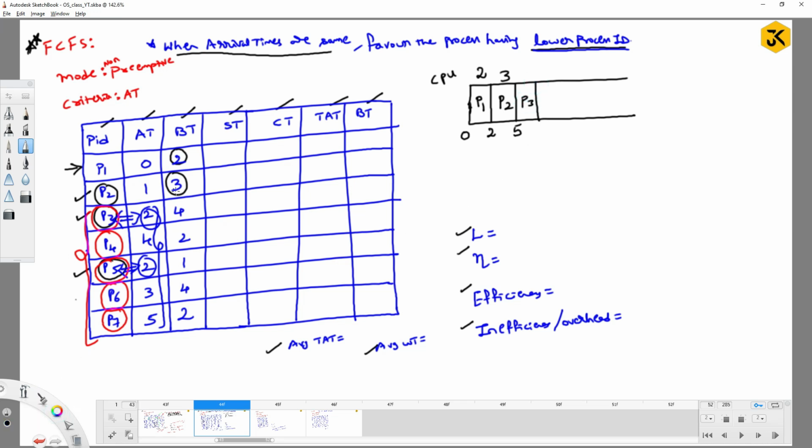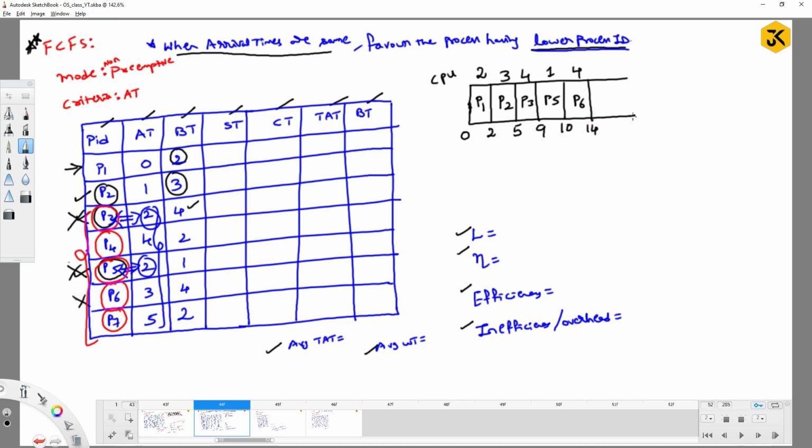What is the burst time of P3? 4 units, so that means it completes at 9. Then P5 will be allocated, whose burst time is 1, and it will be completed by 10. Then P6 will be allocated because it arrived at 3 units of time, and its burst time is 4, so it completes at 14.